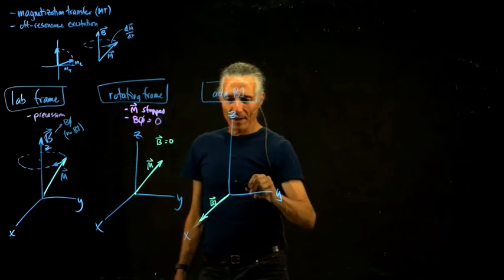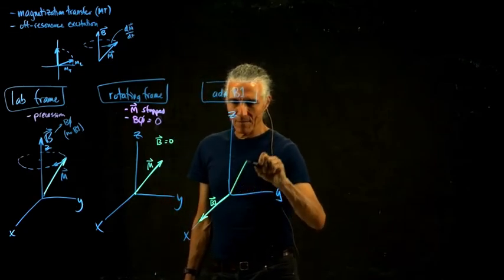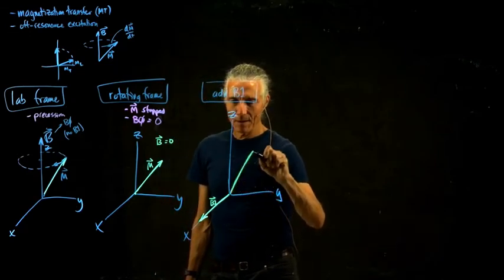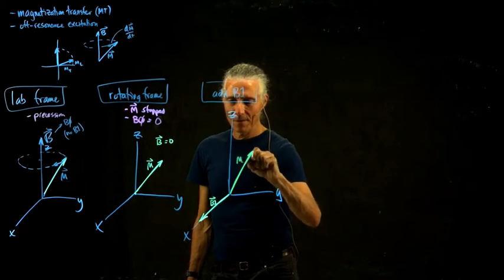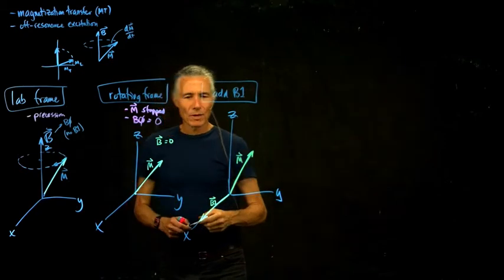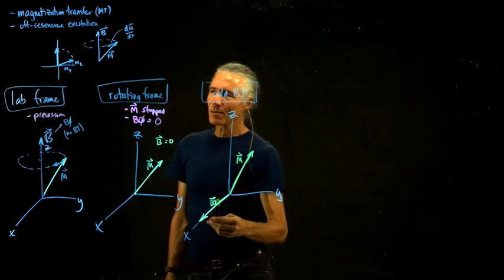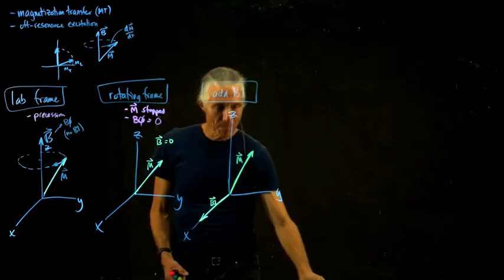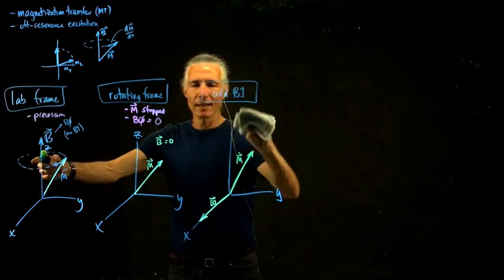So what about our M vector? Well, our M vector is still there. So now what's going to happen? We're going to get precession around the B vector, just like this case.